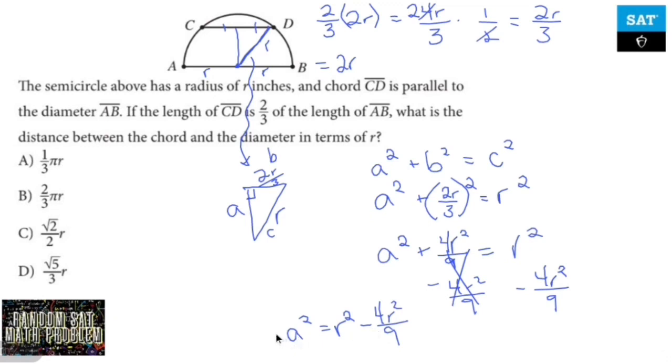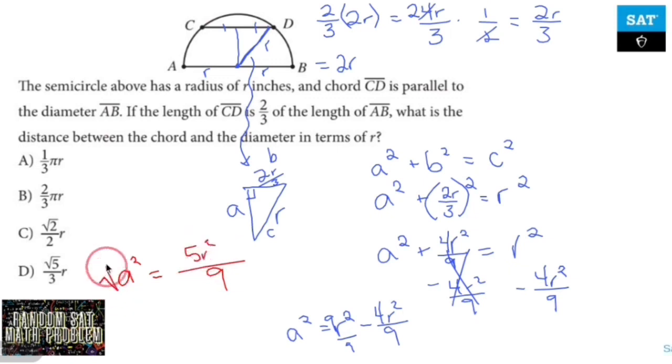If I take the square root now, how do I want to handle this? I'm going to make this 9r squared over 9 so I can combine these fractions. Let me move it over here because I'm running out of space. Now I have a squared equals that minus that over 9. 9r squared minus 4r squared gives me 5r squared.